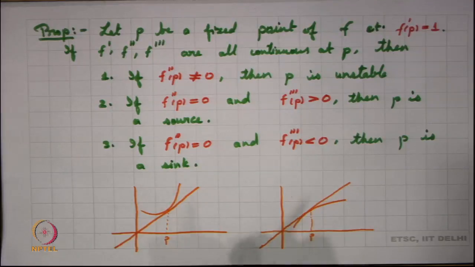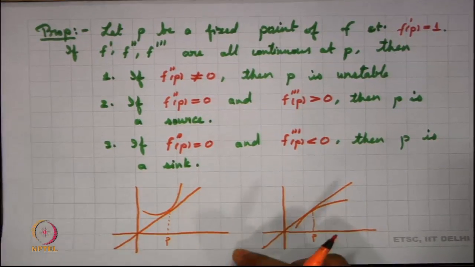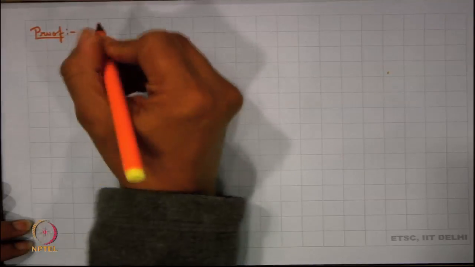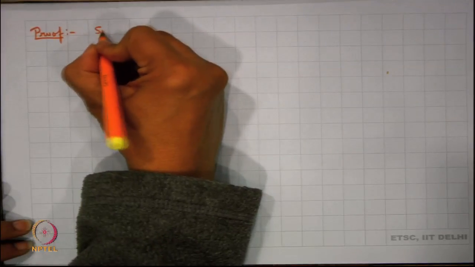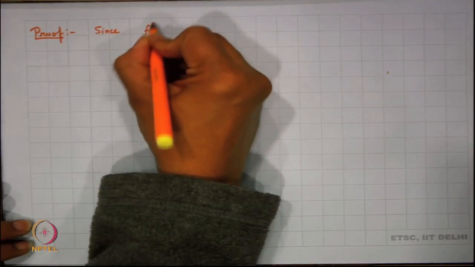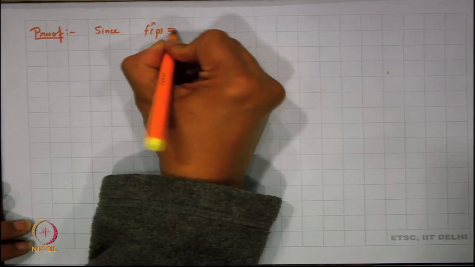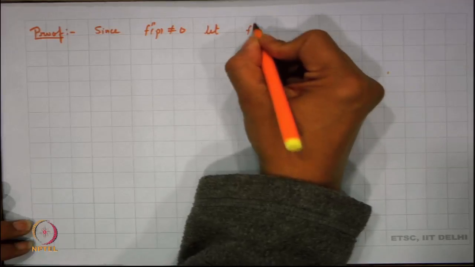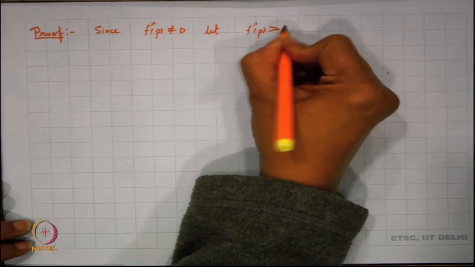Now, we try to analyze this fact, try to give a proof of this proposition. So, let us look into the proof here. So, we have two parts here, since f double prime of p is not equal to 0, let f double prime of p be greater than 0.